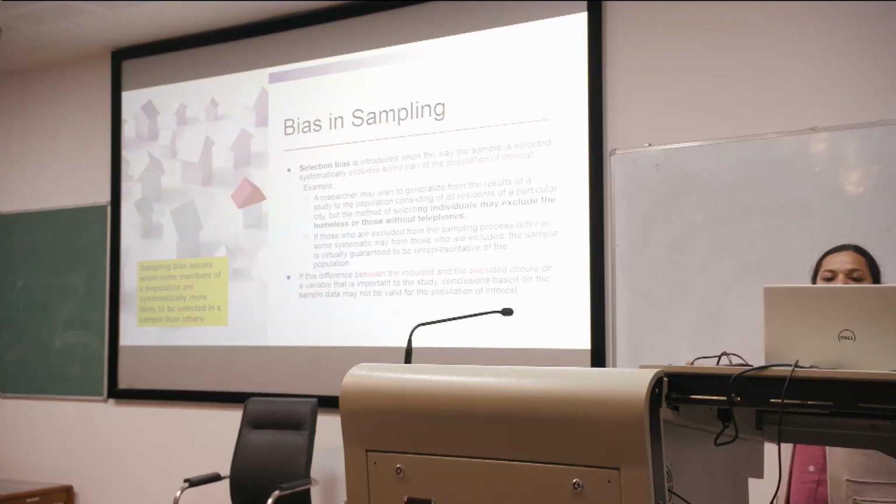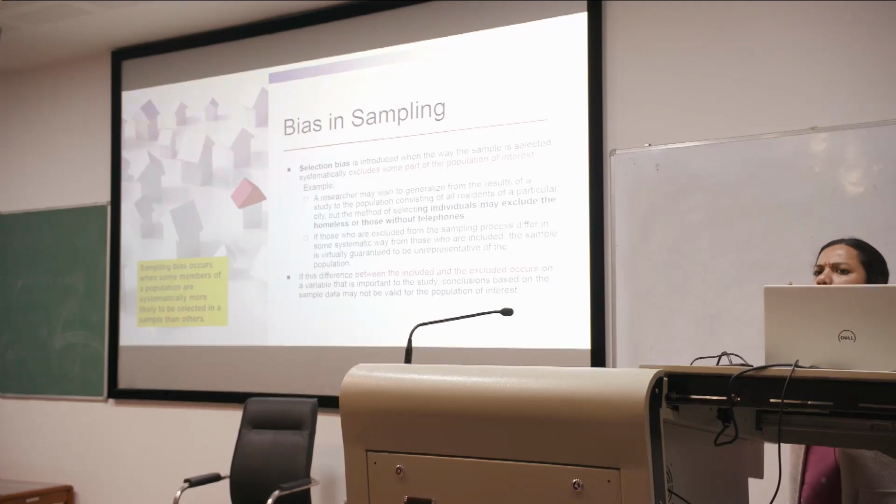So you have to identify: sampling bias occurs when some members of the population are systematically more likely to be selected in a sample than others, okay. Bias, you got it right. You are concentrating only on one area.